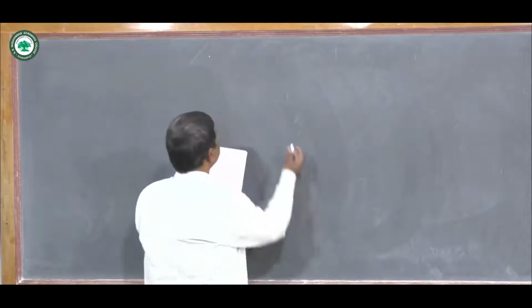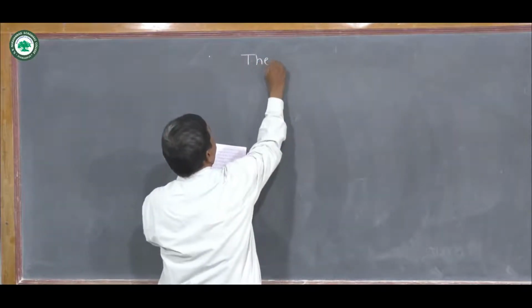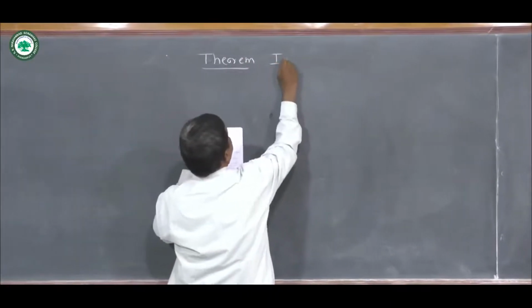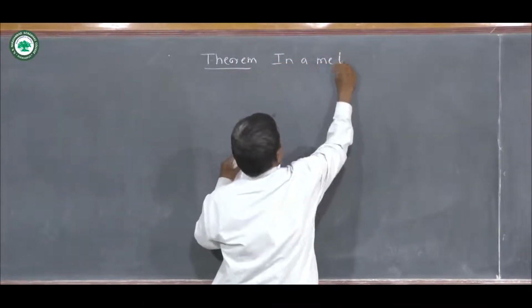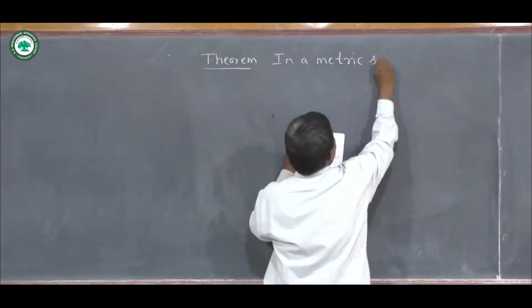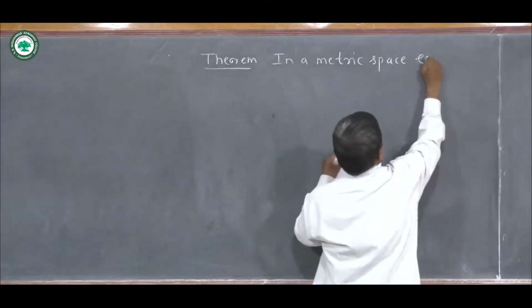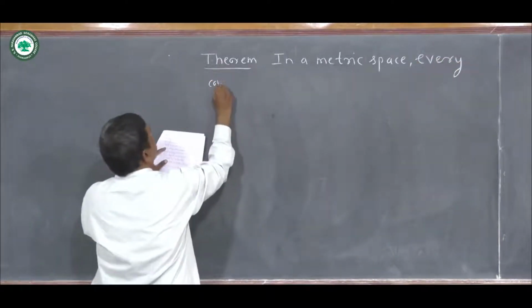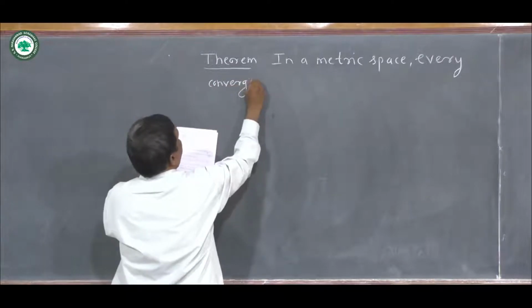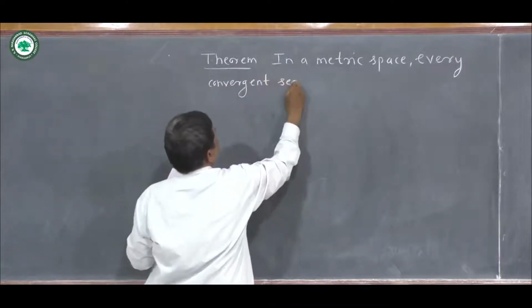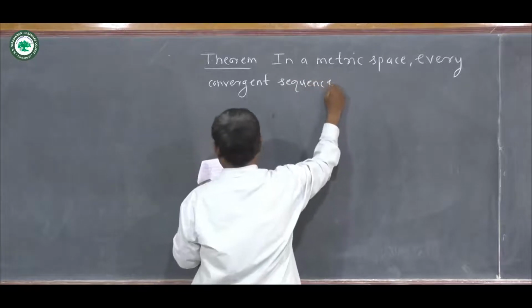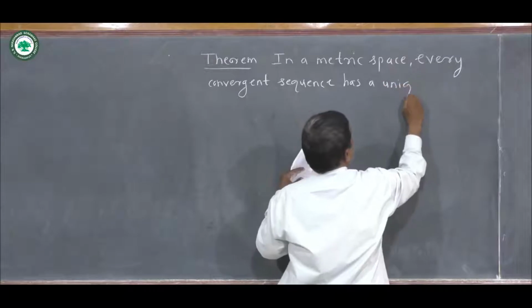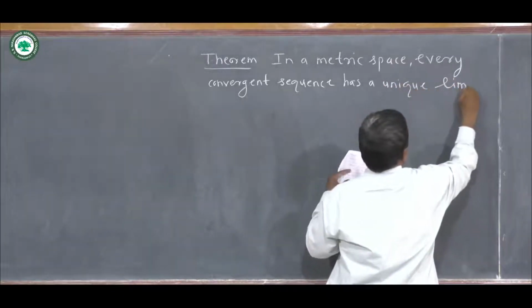So the statement of this theorem is: in a metric space, every convergent sequence has a unique limit.